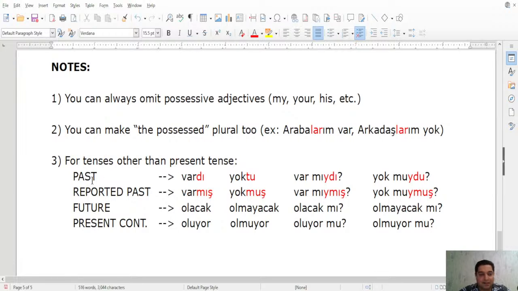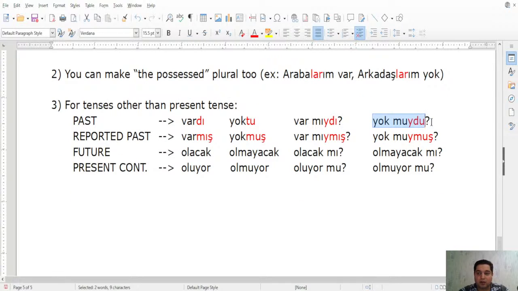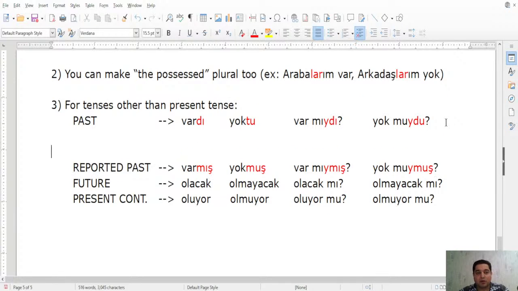For example, for past tense, you will use vardı, yoktu, var mıydı, yok muydu. For example, you can say, I had money yesterday, right? Look at this example. Dün param vardı.